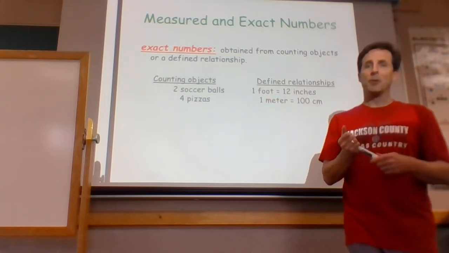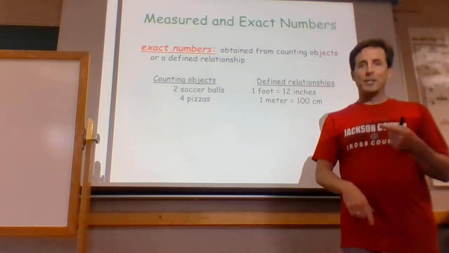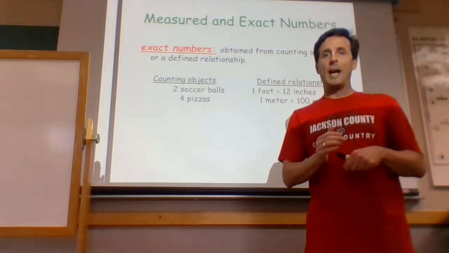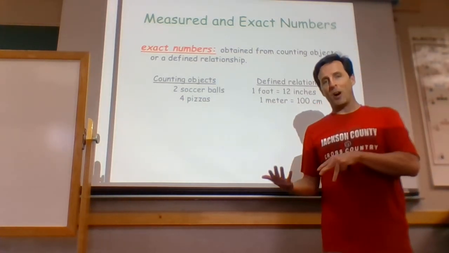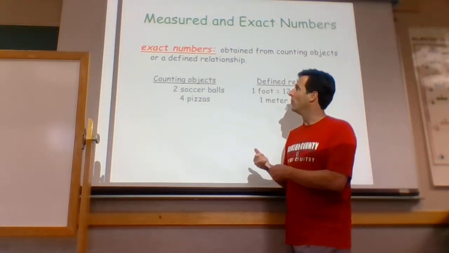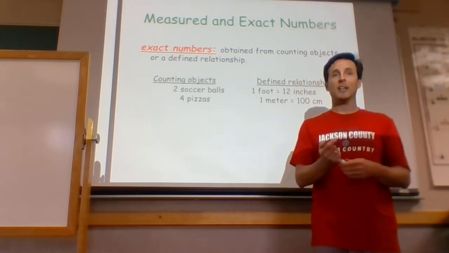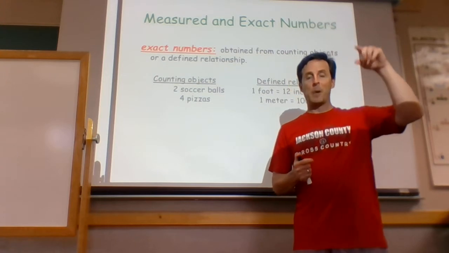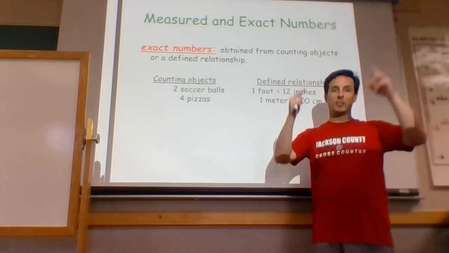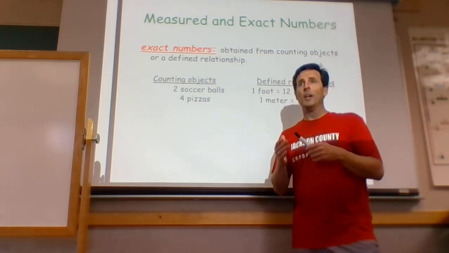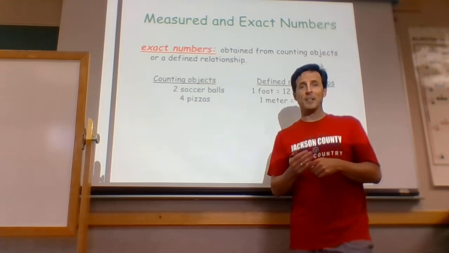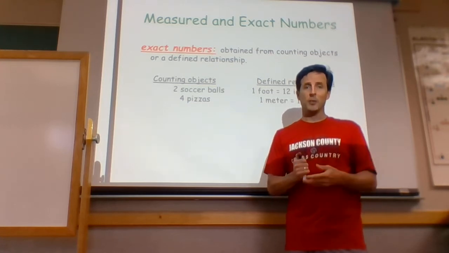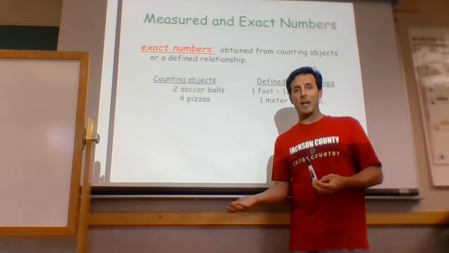An exact number is a number that wasn't measured with a tool and wasn't rounded off, okay? So typically, if I'm counting objects, like let's just say I'm in a classroom, and I count all the students in the classroom, there's 40 students in a class. Well, essentially that's an exact number, as in there's not 40.1 students in the class, there's not 39.8.